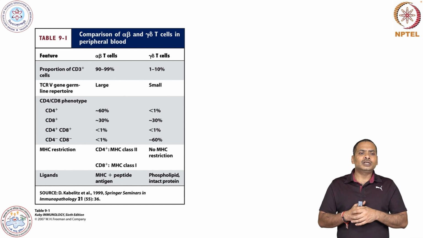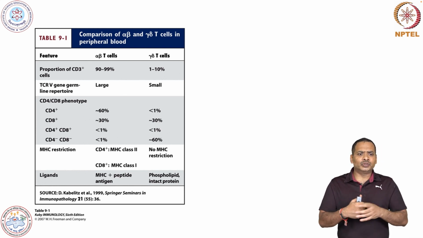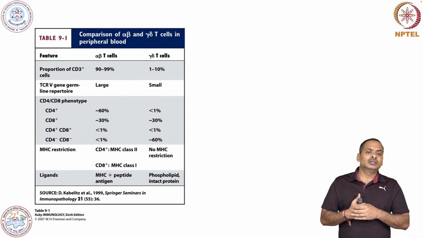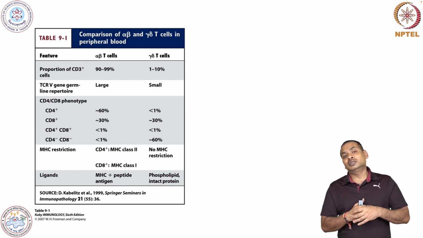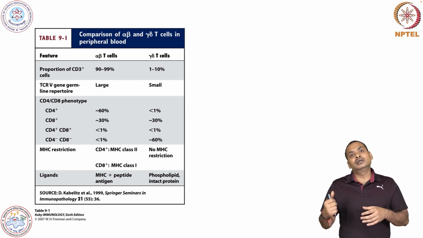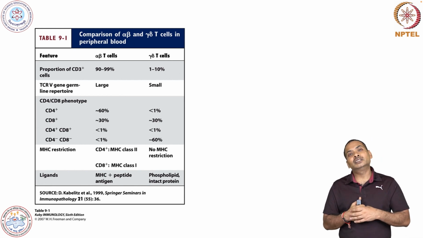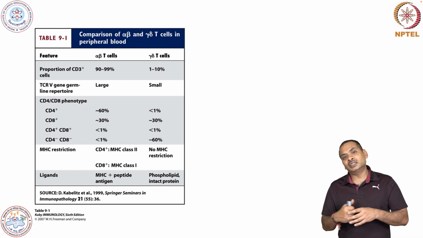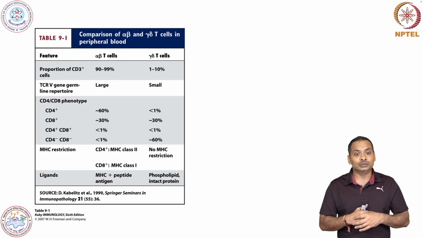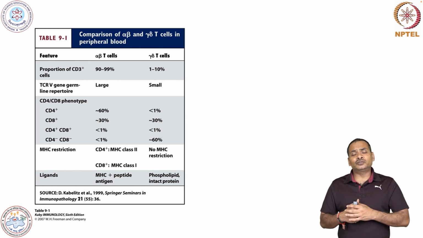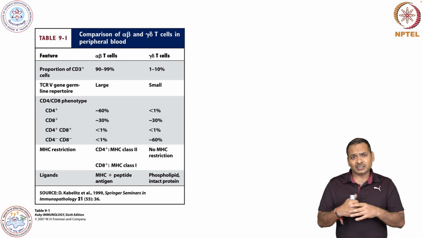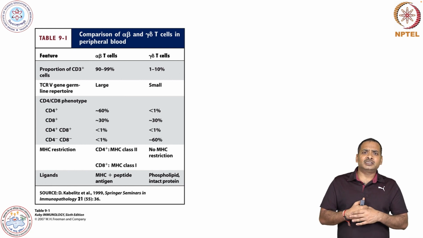MHC restriction, you know very well. CD4 T cells interact with MHC class 2 molecule, and CD8 T cells interact with MHC class 1 molecule. But gamma delta T cells have no MHC restriction.